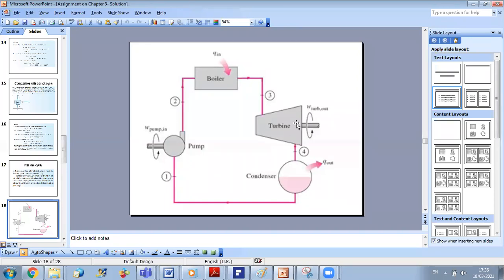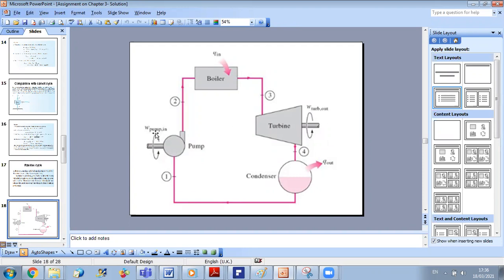So here, when they talk about efficiency of the cycle, we should divide the output over the input. You should pay attention that you cannot say only that the output is W turbine out, because you are also losing power at the level of the pump.